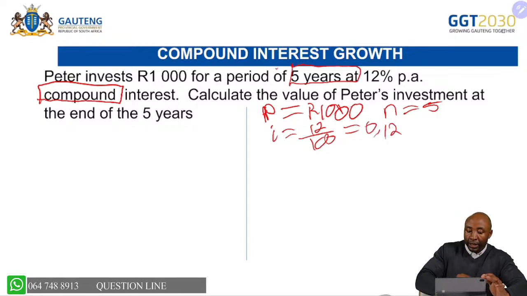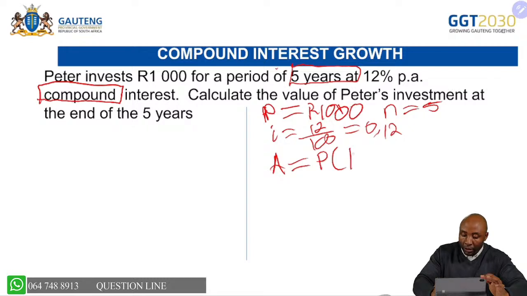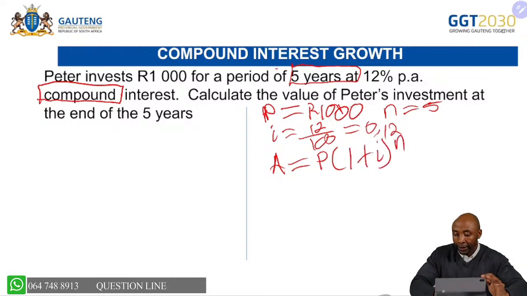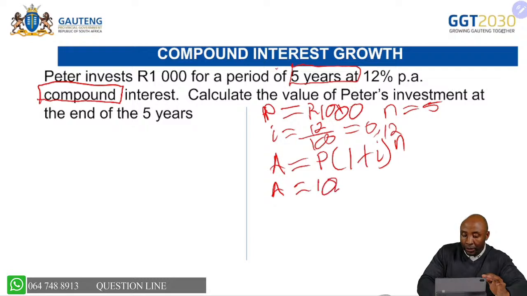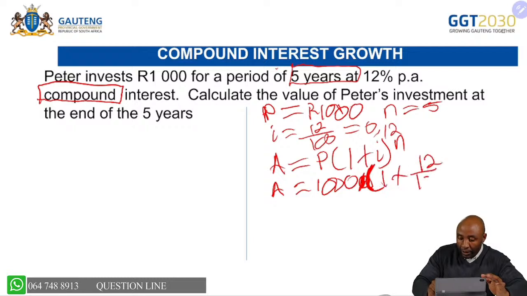And then because of the compound interest, we write down our formula: A is equal to P(1 plus i) to the power n. Then we substitute our A and our 1,000. I've made it 10,000 there, I've cancelled that part. 1 plus 12 over 100.